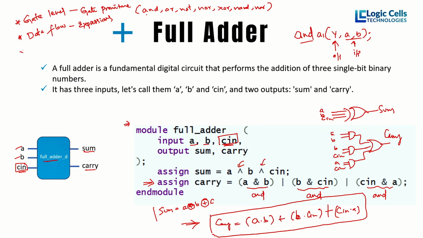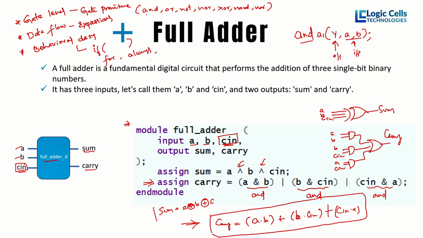Then we have behavioral description. In behavioral description, you will be using advanced Verilog constructs. Let's say a condition to be checked and we need to execute things. If conditions can be used, for loops can be used, always blocks can be used.